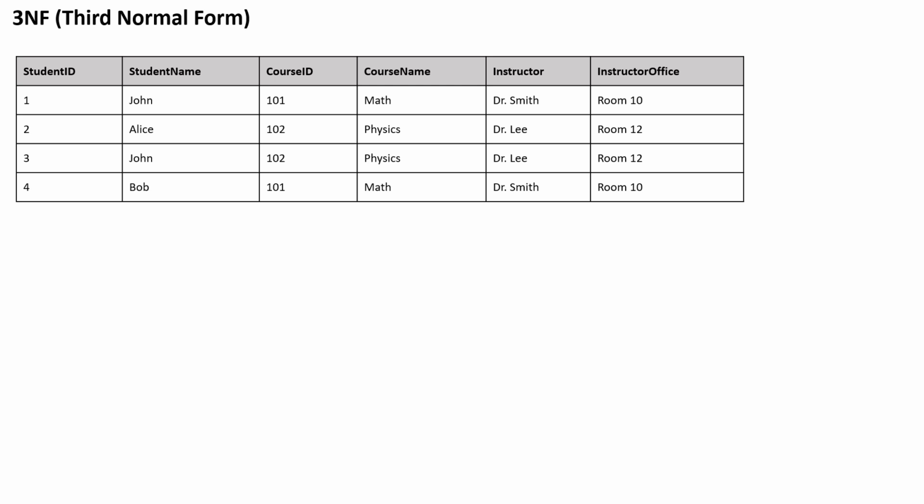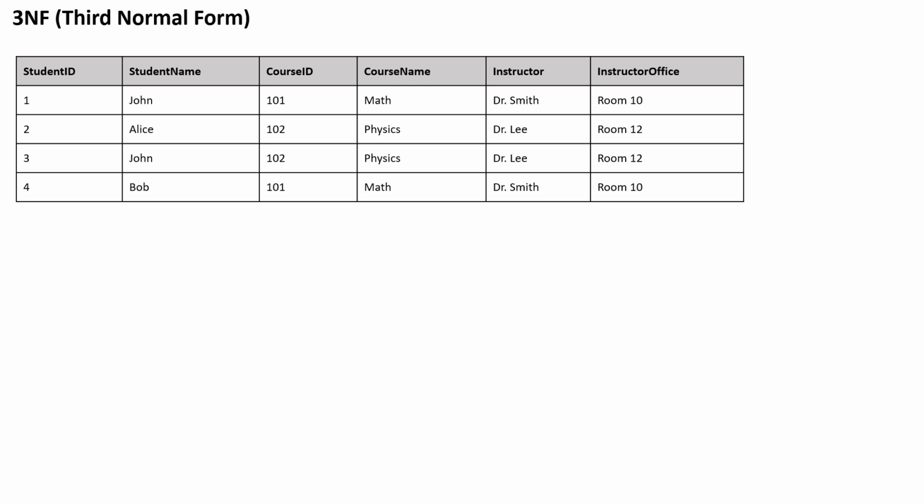So let's see this table. There are three different problems here. Student ID is the primary key. Course name depends on course ID, not directly on student ID. That's the second problem. And the third one is that instructor office depends on instructor, not on student ID again.